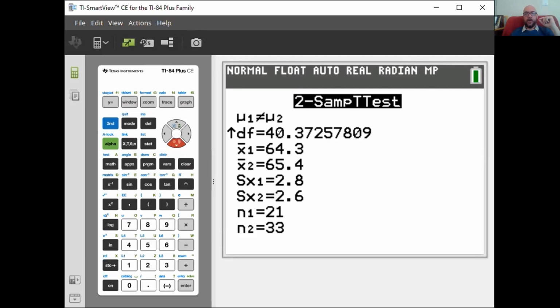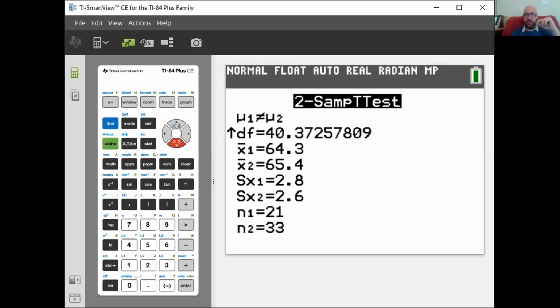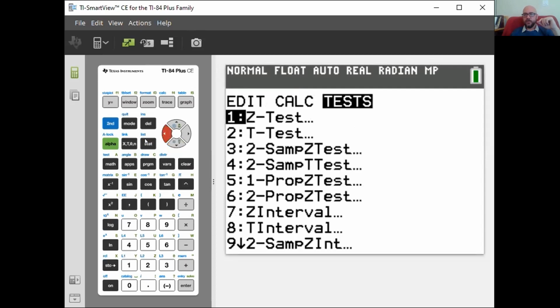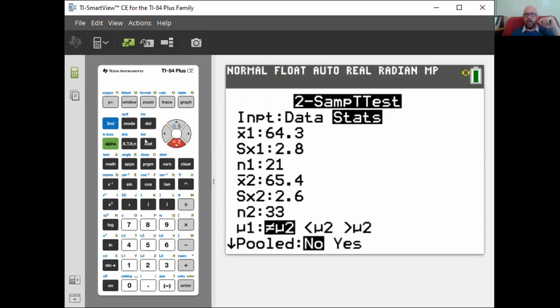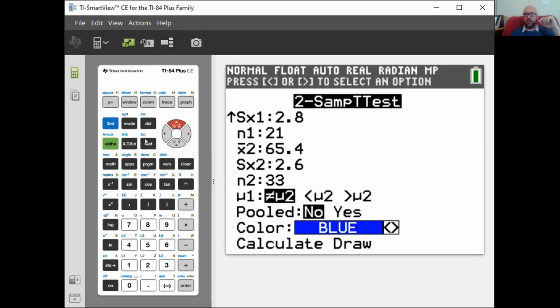But I do want to talk about pooled versus not pooled, right? So remember when we did this test, 2-sample T gave us this choice of pooled or not pooled, and we chose not pooled. Here's what this means. If your sample standard deviations are close enough to each other, you can sort of treat them as both being samples from a larger population standard deviation.